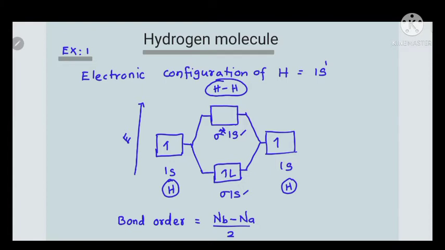The 1s orbital of one hydrogen atom has one electron, and the 1s orbital of the other also has one electron. These two electrons are filled in the molecular orbitals, so both are filled in the sigma 1s orbital itself. Sigma star 1s will be empty.